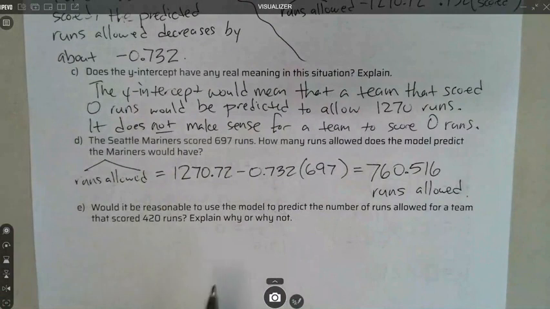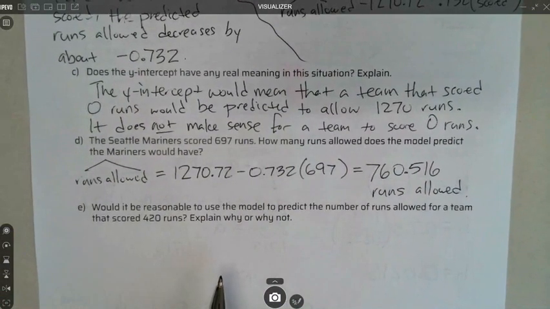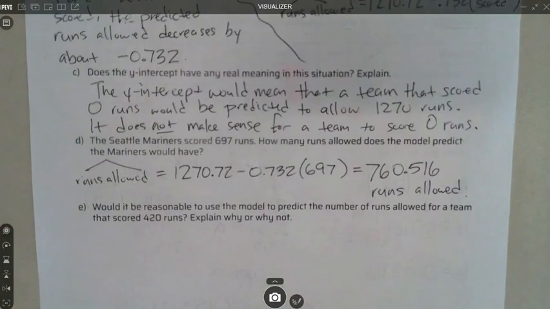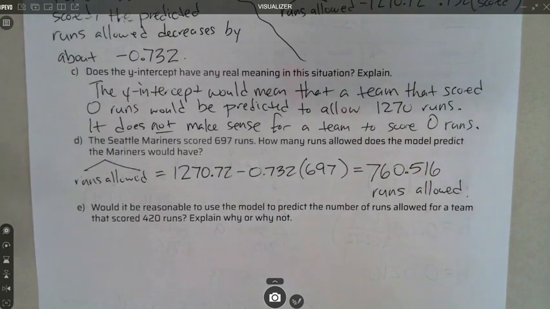And lastly, would it be reasonable to use this model to predict the number of runs allowed for a team that scored 420 runs? Well, whenever you're thinking, is it reasonable to make this prediction, you need to think about if you are extrapolating or not. Extrapolating means using a value for our explanatory variable that is outside of the boundaries that we actually studied.